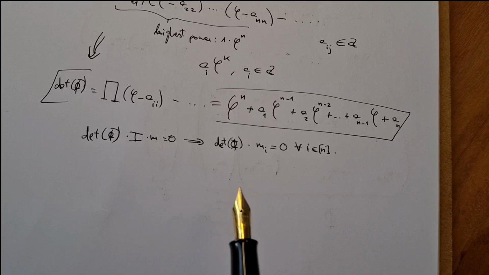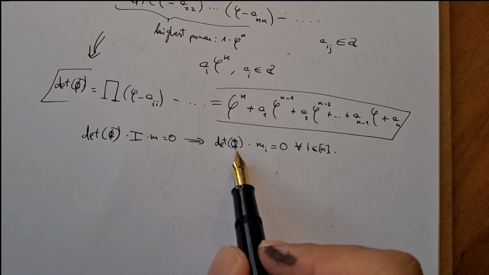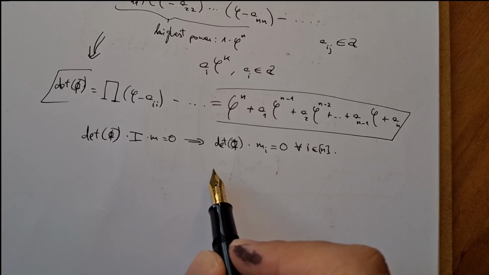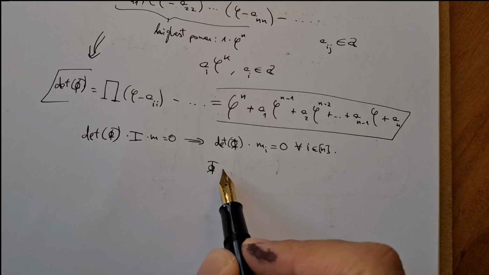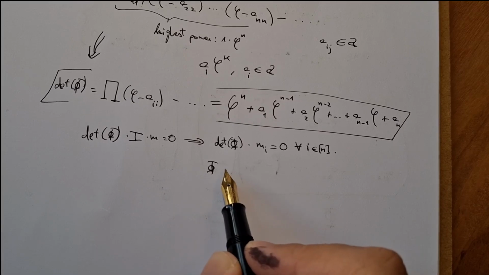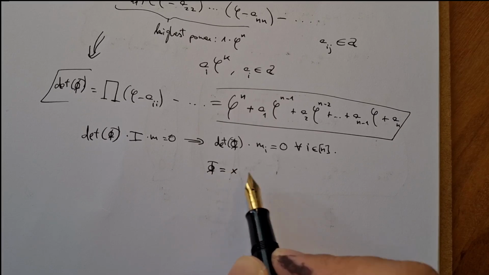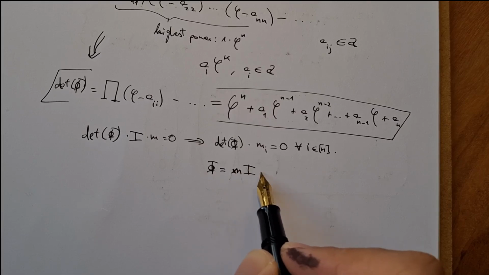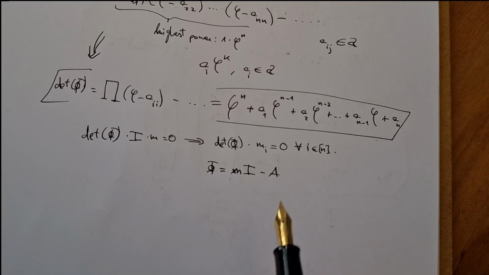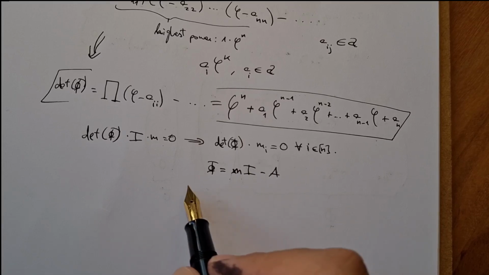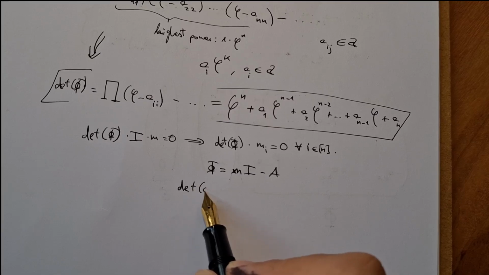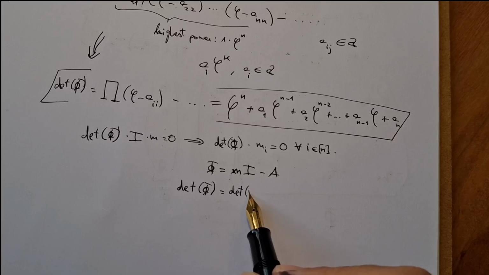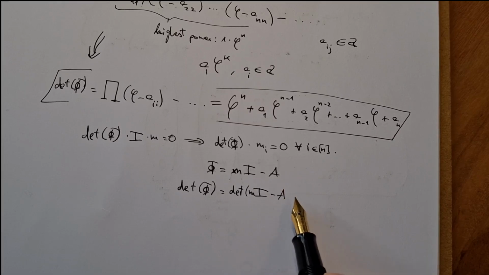Now, the thing is that this psi is what is called the characteristic matrix. And so psi is a characteristic matrix, which is also written as m sub I minus a. So what we have is that the determinant of psi should also be the determinant of m multiplied by I minus a.